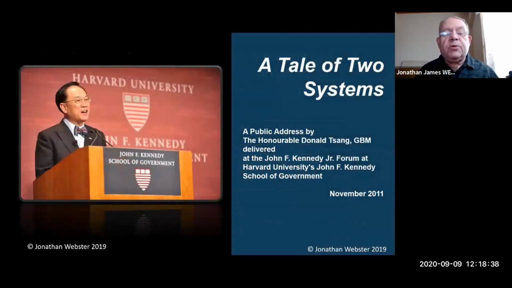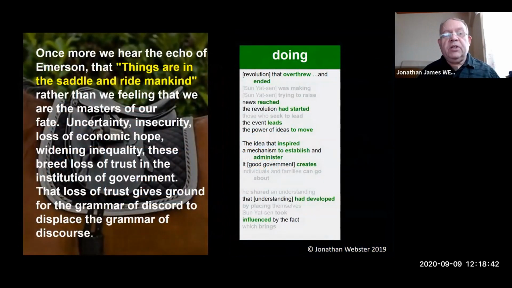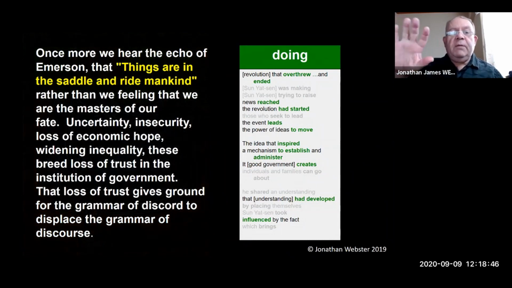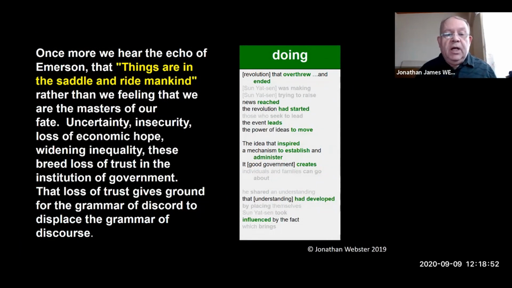And I gave you the illustration of Donald Jung. You remember in that particular speech that he gave. Now, the emphasis that he made was this. In the quote I mentioned last time, it's in his speech. We hear the echo of Emerson that things are in the saddle and ride mankind. We are not the masters of our fate. That's basically his message.